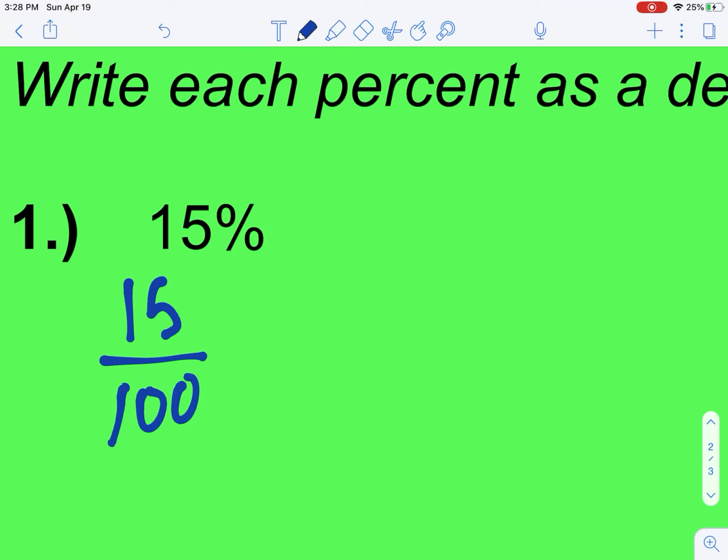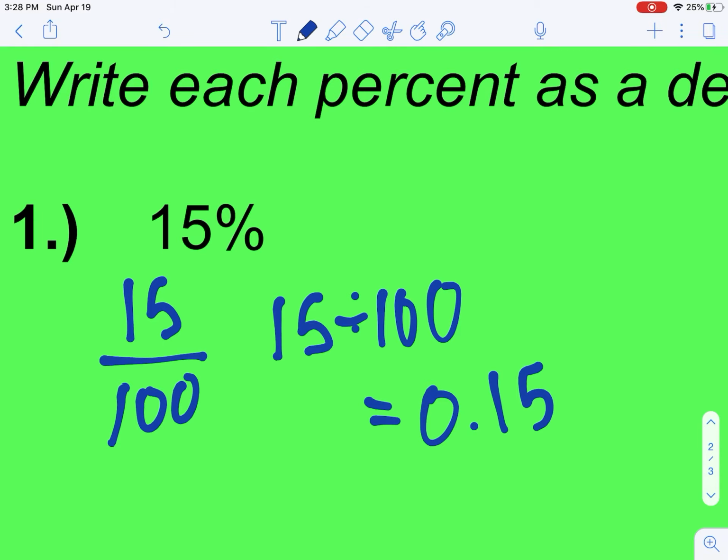Okay? So what I'm going to do now is I'm going to take 15 over 100, and I'm going to divide the numerator and the denominator. So 15 divided by 100. I can use my calculator, and I'm going to get 0.15.